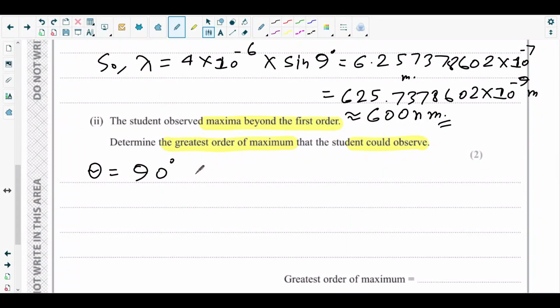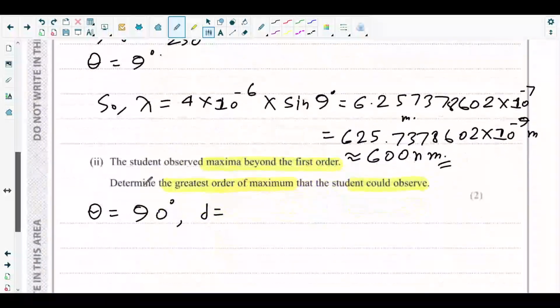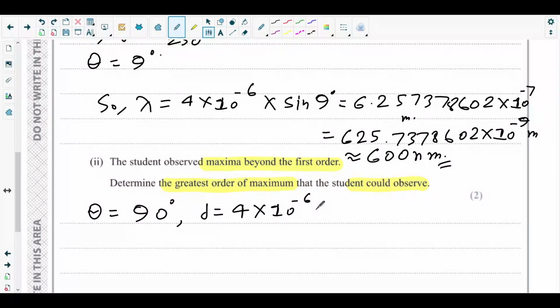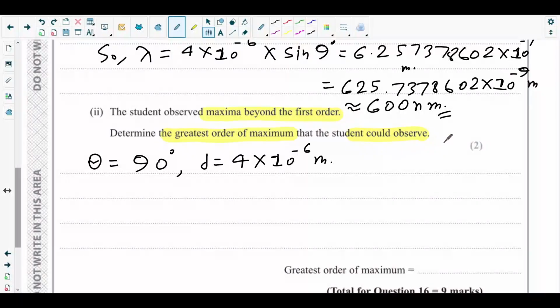So we have theta, and we know the value for d: 4 times 10 inverse 6 meter. Using these values, we also know lambda. Using that, we will find the value for n, the maximum order. So n lambda equals d sine theta. We also know theta is 90 degrees.